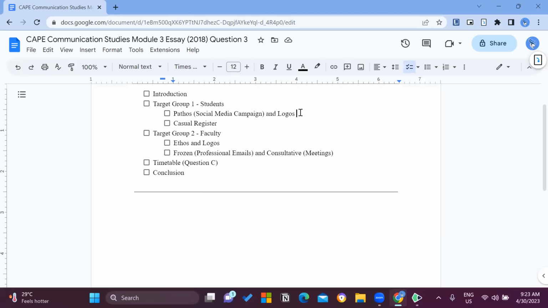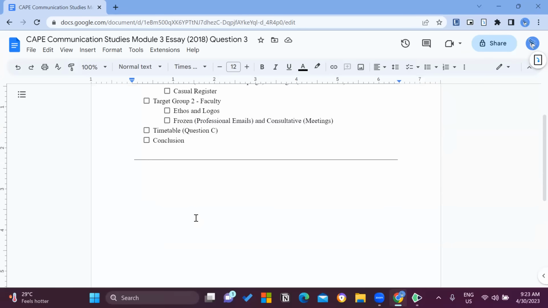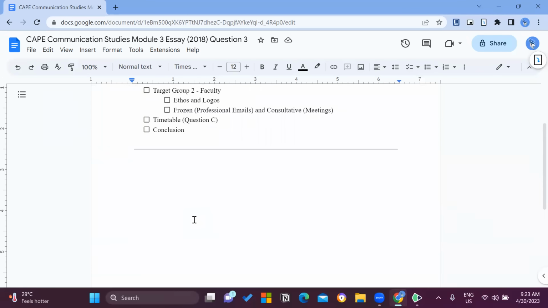And for logos appeal, this logic, student council. Yeah. I'll just put student council for now, but it was really teaming up or collaborating with the student council in order to help with the campaign.